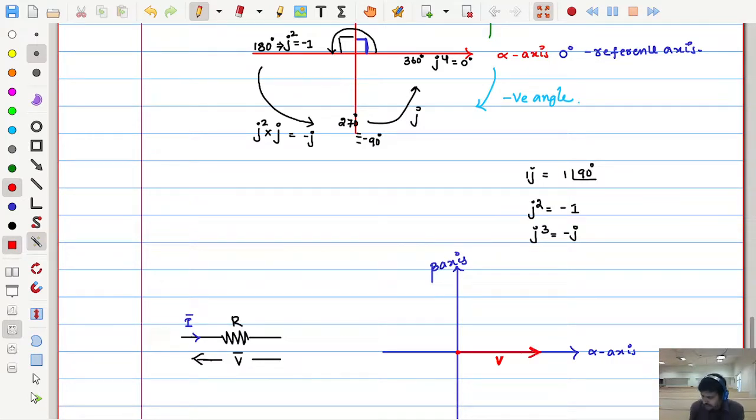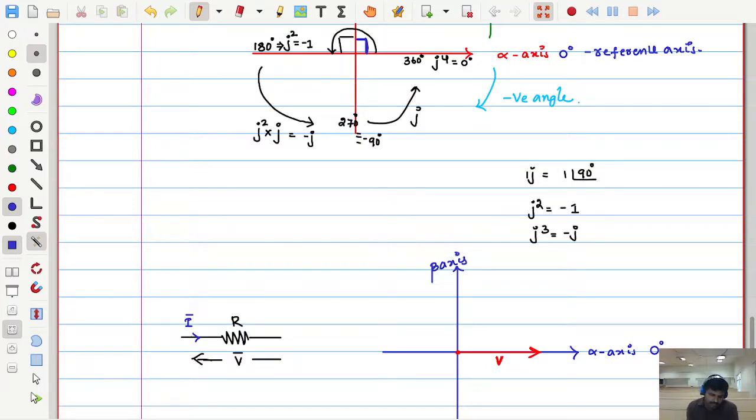It represents a phasor, where this is the length of the vector V lying on the alpha axis. What does the alpha axis represent? 0 degree. Of course, it is the reference.